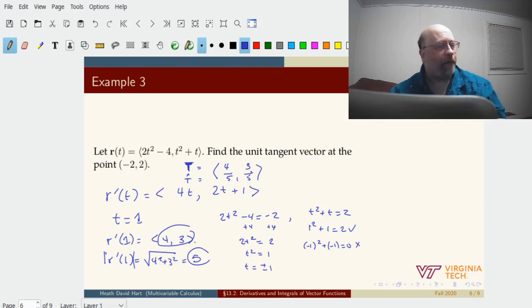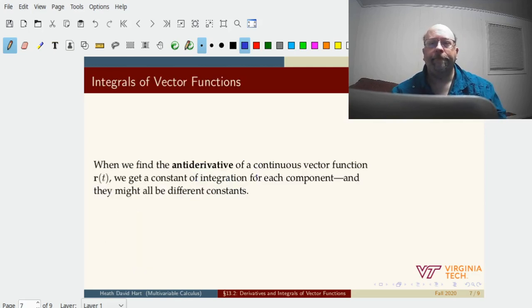All right, let's keep going. When we want to take the antiderivative of a vector function that has multiple components to it, let's say there's a third one here.